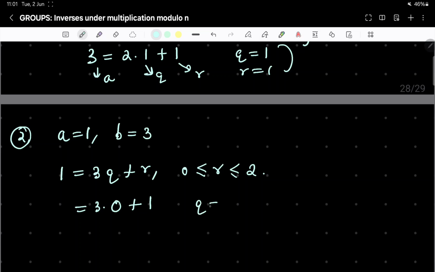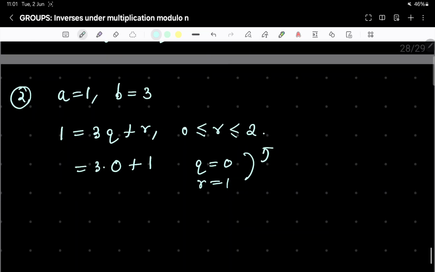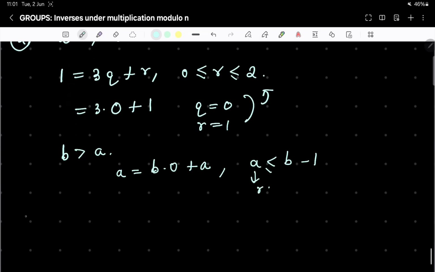So Q is 0 and R is 1, which also satisfies this condition. So whenever B is greater than A, this is the only way: A equals B times 0 plus A. This works because the remainder A is less than or equal to B minus 1. So it's a special case.